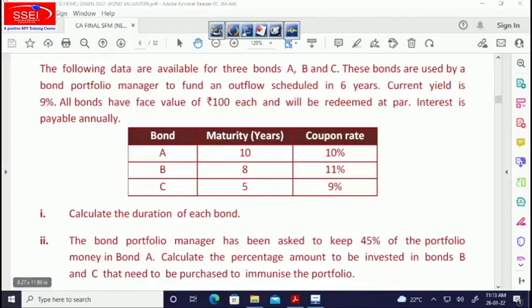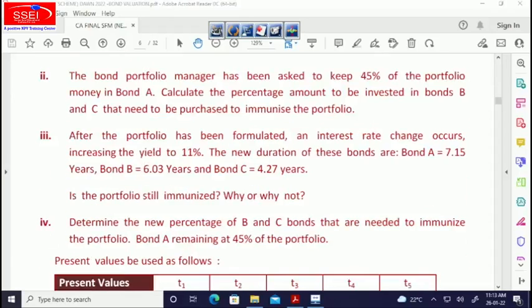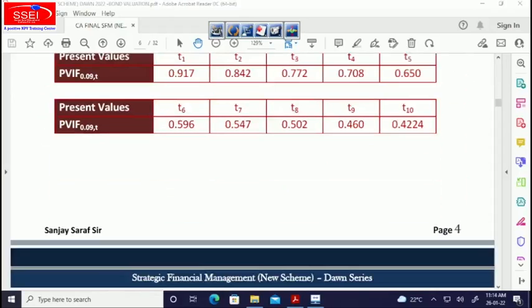You have to calculate the duration of bond A, bond B, bond C. Very hard work, because you have to prepare the table 3 times. In the second part, the weight of the first bond is 45%, so the second bond can be taken WB, and the third bond 55% minus WB. So the weighted average of duration of asset equals duration of liability. I have done the sum, so I am not doing the sum.